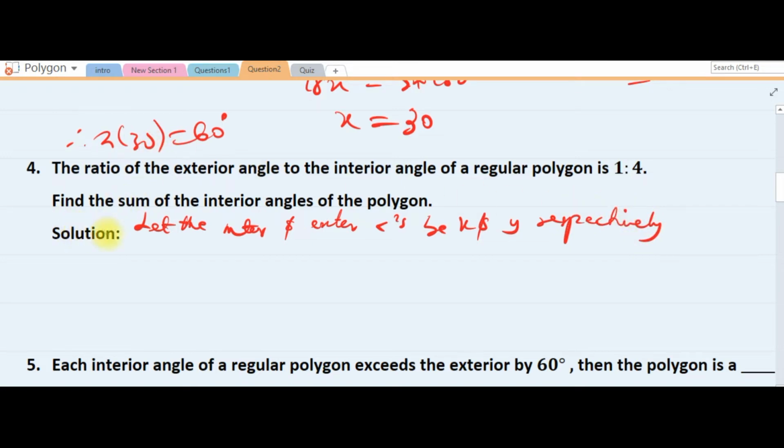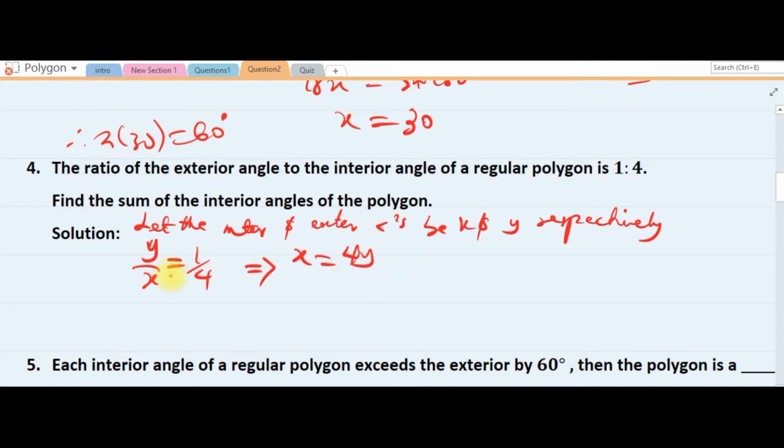So they said the ratio of the exterior to interior, which is y over x, is 1/4, which implies that x must be equal to 4y.